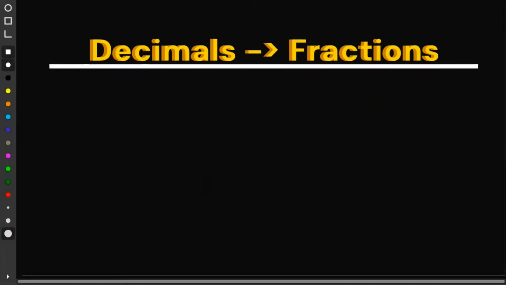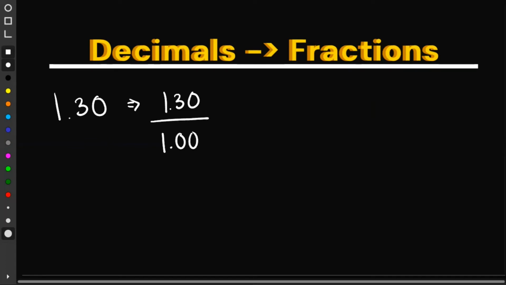For our third example, let's have 1.30. For this one, we have 1.30 all over 1.00. Just a quick note, if you still haven't noticed, we choose the version of 1 in the denominator based on the decimal places in the numerator. In this case, we have 2 decimals, so this will give us 1.00.